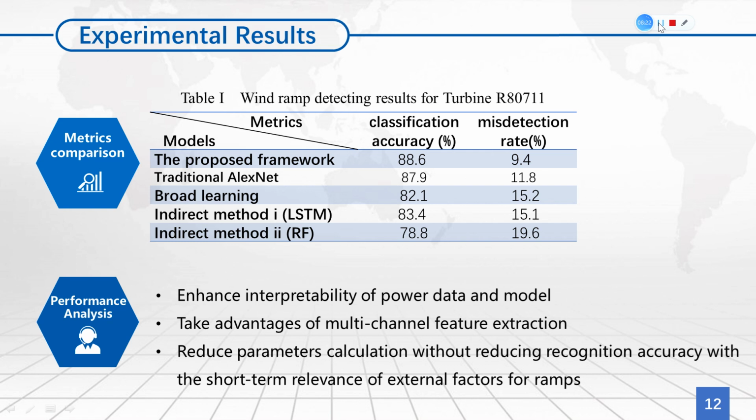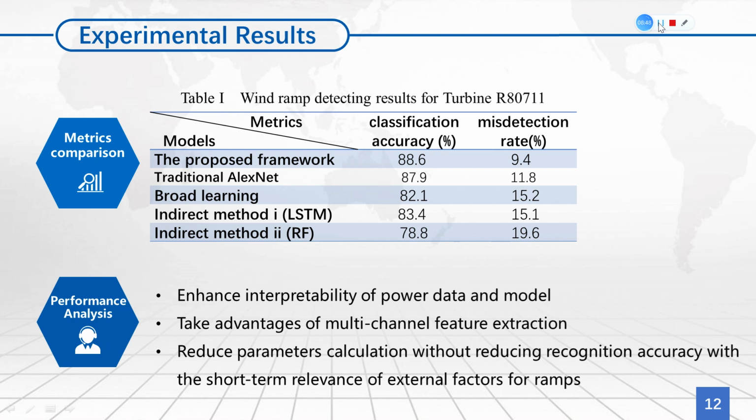RA0711 as an example. As can clearly be seen from Table 1, the proposed method achieves better performance under every indicator. The accuracy of the proposed model is slightly higher than traditional LSNet, while it obtained a 10% increase compared with traditional indirect methods.